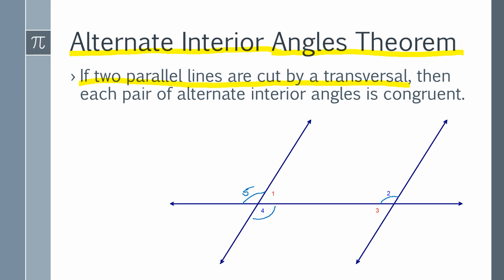So because angle 5 and angle 4 are vertical, they're congruent. Since 4 is congruent to 5 and 5 is congruent to 2, therefore 4 is congruent to 2. And we've just proven this theorem that each pair of alternate interior angles is congruent. So our congruence statement would be angle 1 is congruent to angle 3, angle 2 is congruent to angle 4.